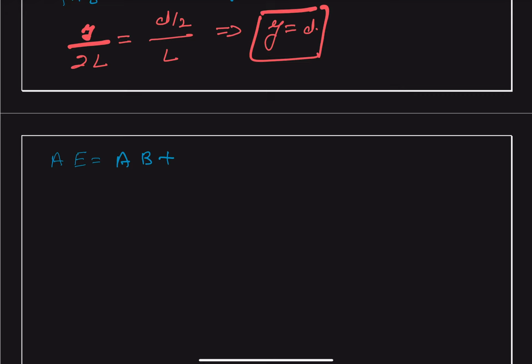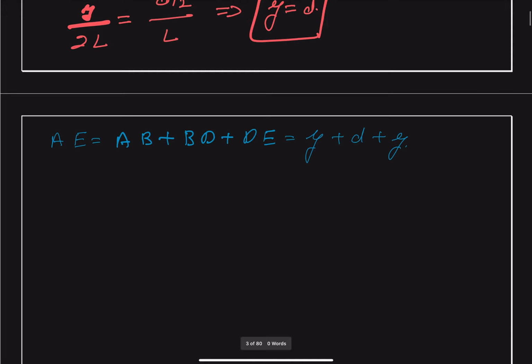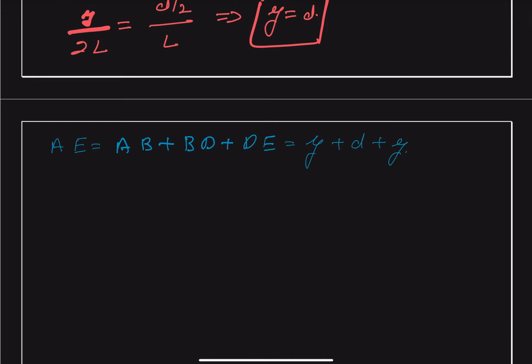AB is Y, BD is D, and DE is also Y, so AE is equal to 2Y plus D, and because Y is already equal to D, this comes as 3D.